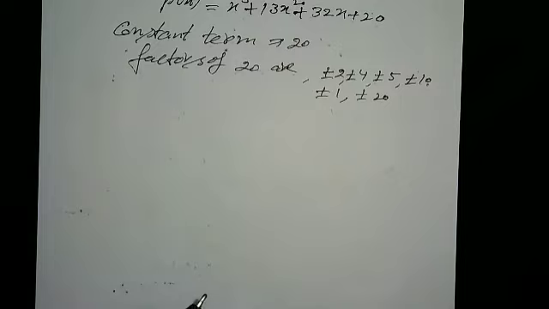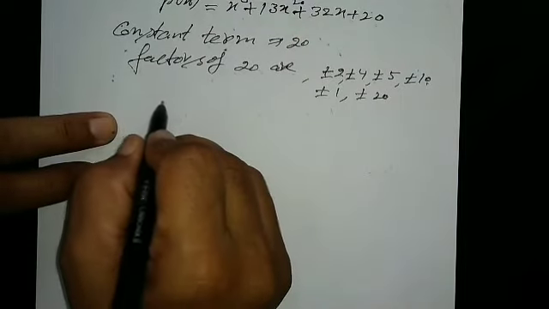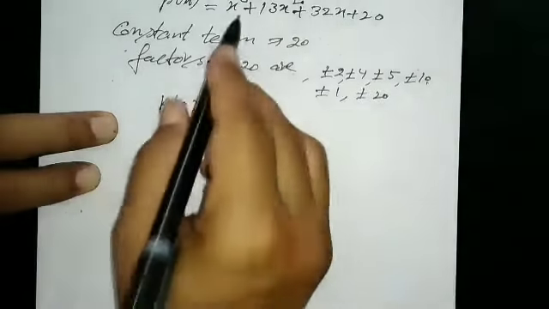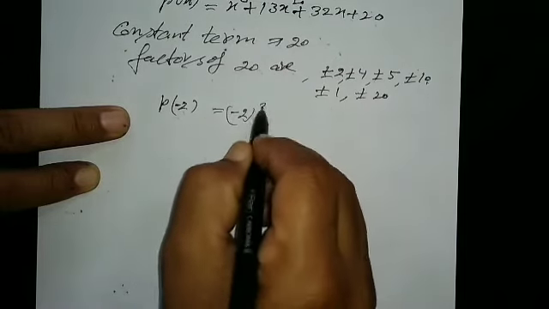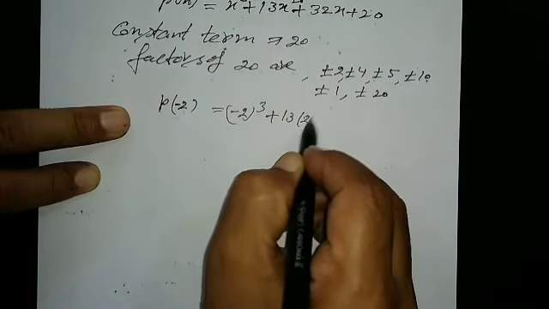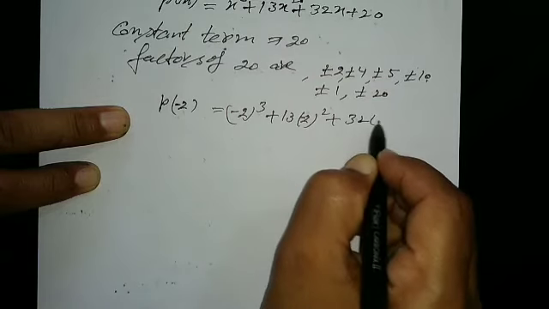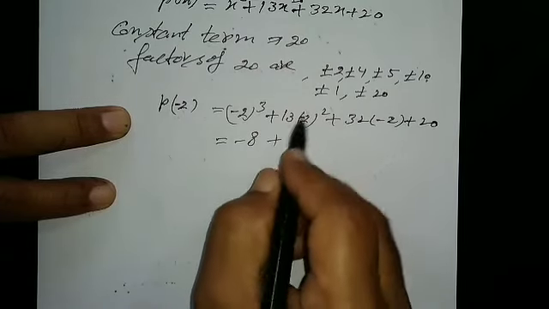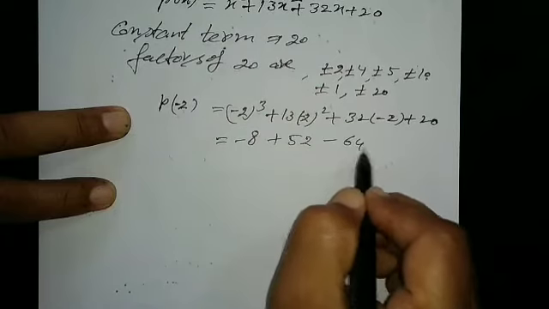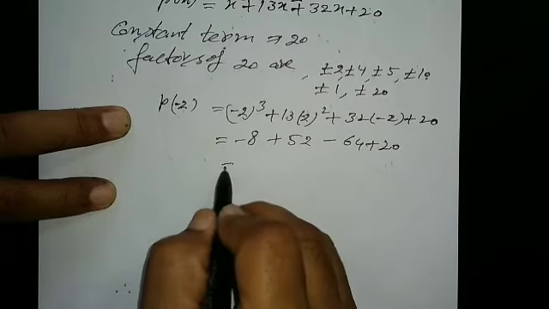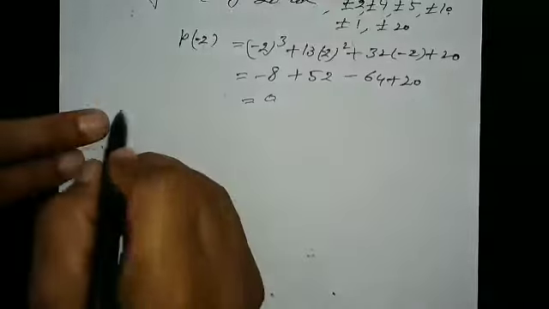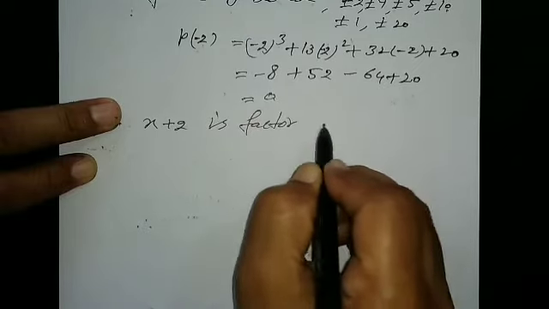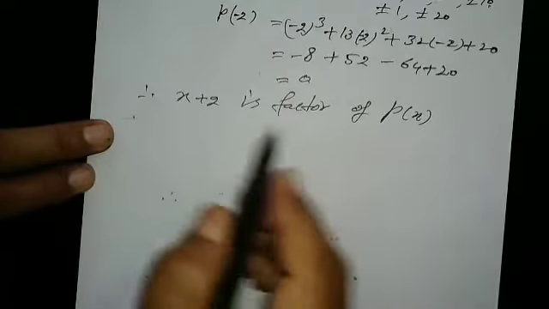And by hit and trial, we will see that p(minus 2) is minus 8, plus 13 into minus 2 square, 32 into minus 2, plus 20, that is minus 8 plus 52 minus 64 plus 20, and you will see that equals 0. So you see x plus 2 is a factor of the above polynomial.